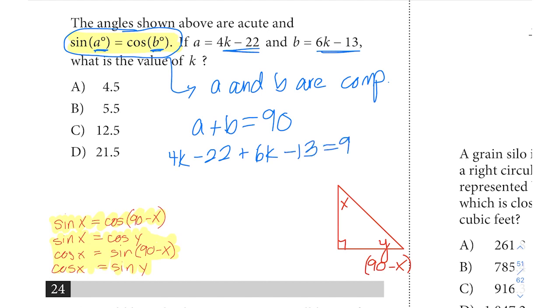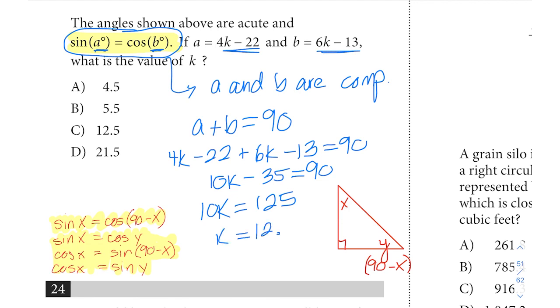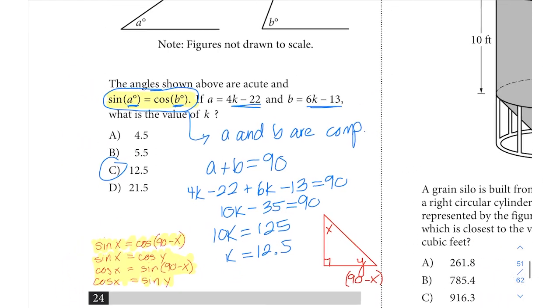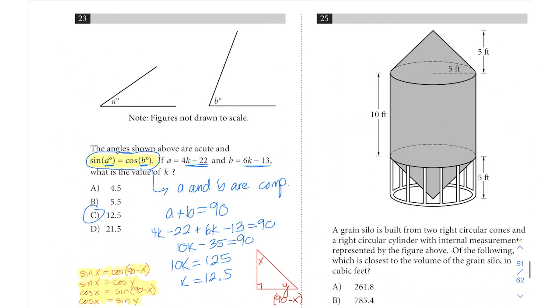4k minus 22 plus 6k minus 13 equals 90. Combine like terms: 10k minus 35 equals 90. Add 35 to the other side: 10k equals 125. Divide by 10, and k will equal 12.5, which is answer choice C on question 23.